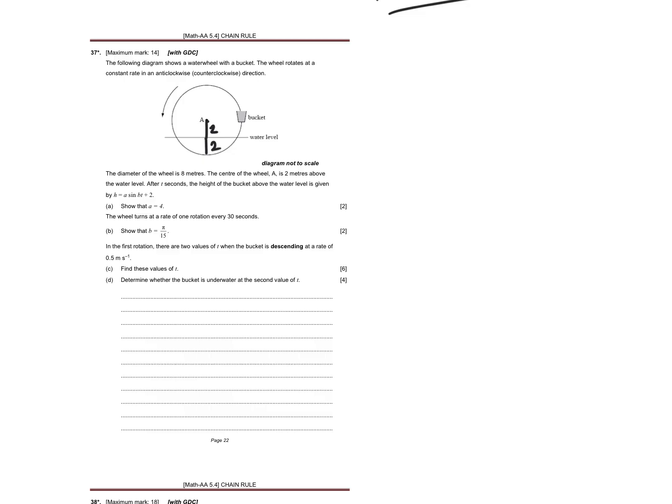Okay, so the height here above water level, so this is about water level. So our minimum is -2, and above water level is 6. So if we do A is the max minus the min over 2, that's 4. So the wheel turns at a rate of 1 rotation every 30 seconds. So now we have 2 pi over, and it's in seconds, so we can use 30.